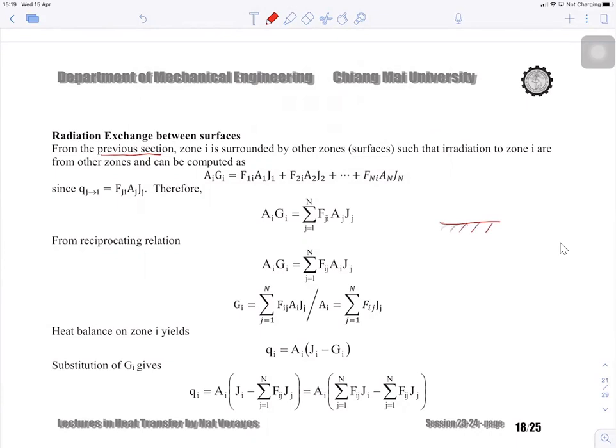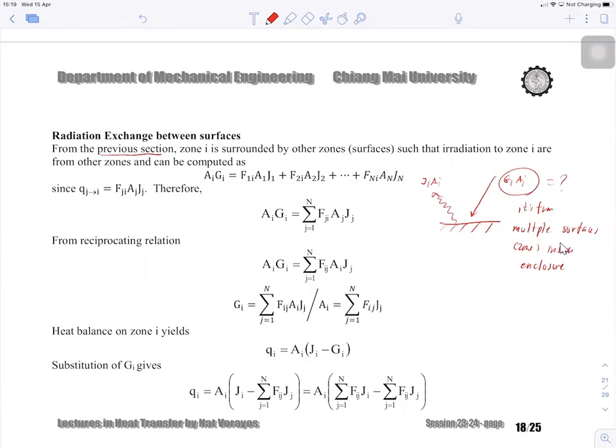You have the surface like that, and you have the radiosity out, but you're going to have the radiation in. What is this radiation? Well, it is from multiple surfaces or zones inside the enclosure.